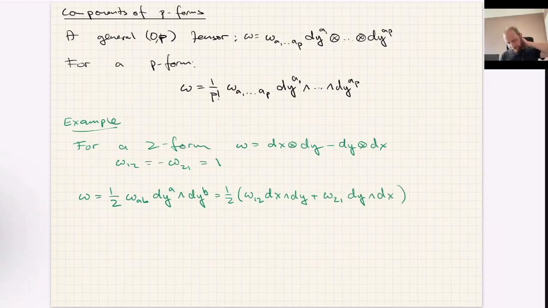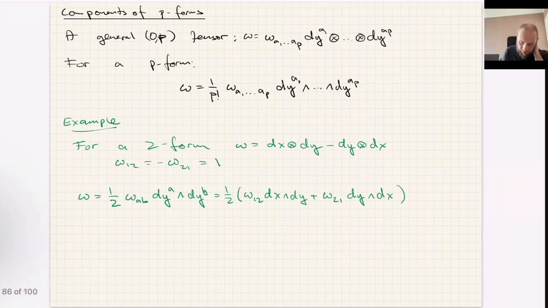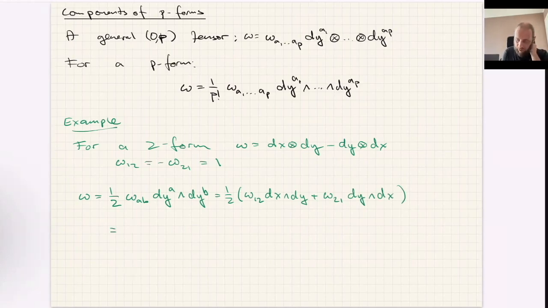Inserting the components, this was 1, this was minus 1, so I have 1/2 times dx wedge dy minus dy wedge dx.